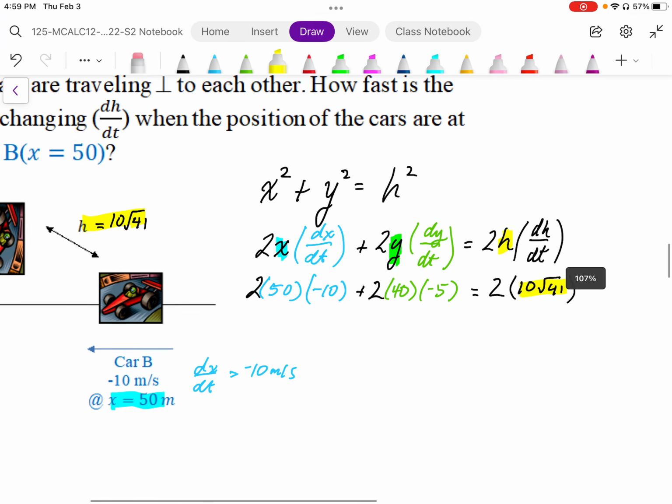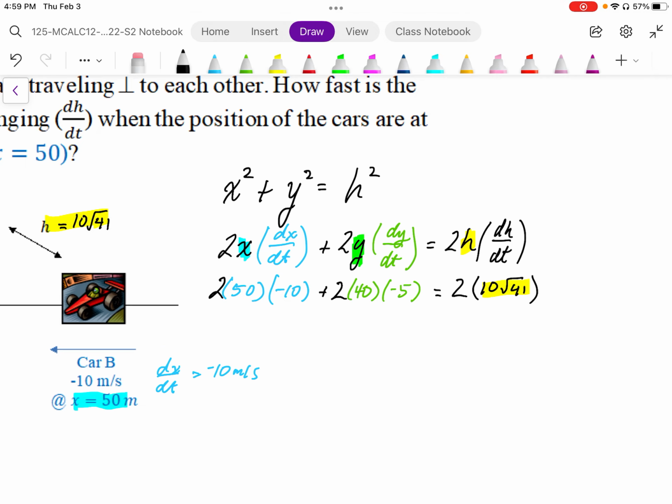Okay, and then the only thing left to solve for then is my dH by dt. So then I'm just going to simplify all this. So I get 2 times 50 times negative 10, that's negative 1,000, plus 2 times 40 is 80 times negative 5 is negative 400.